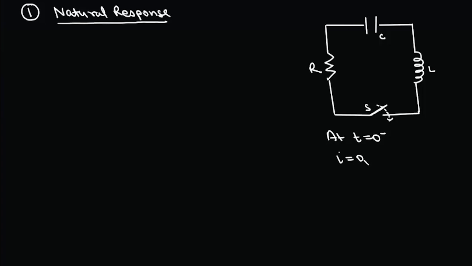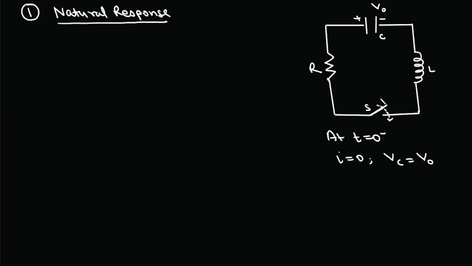There is no current in the circuit. And this capacitor is charged, and the voltage across the capacitor is V0. Suppose this is plus and this is minus.